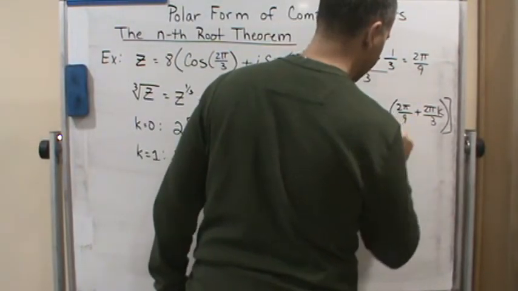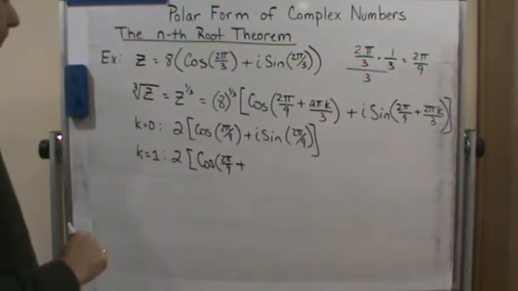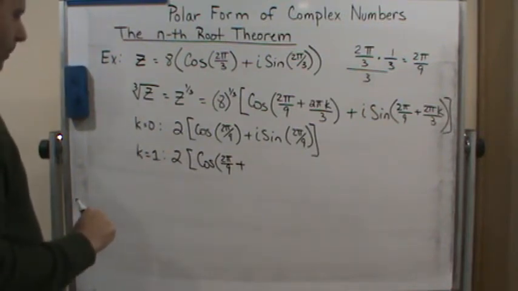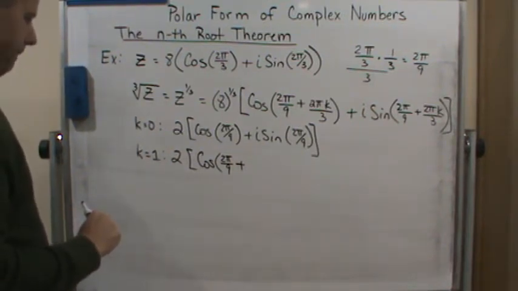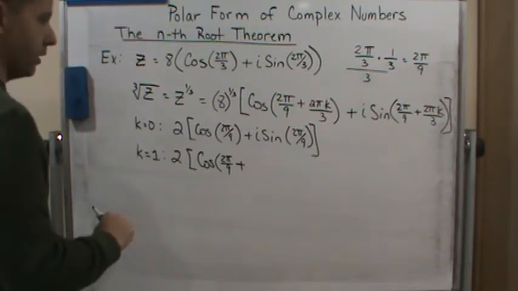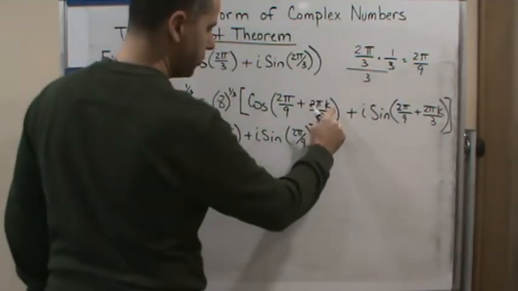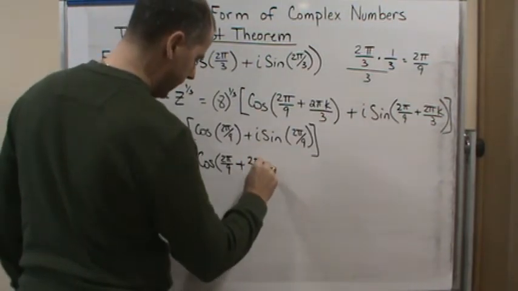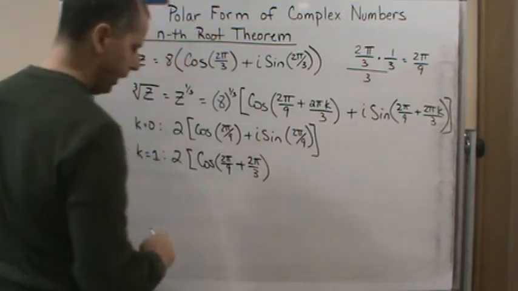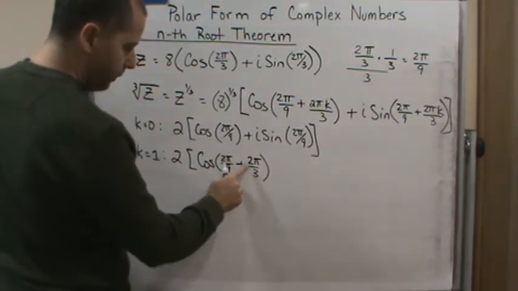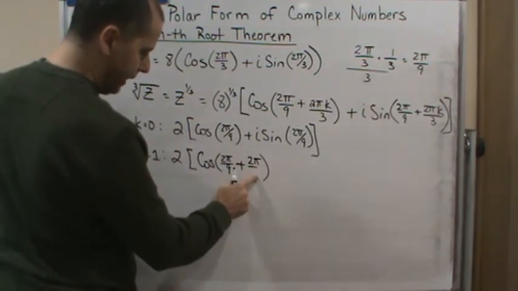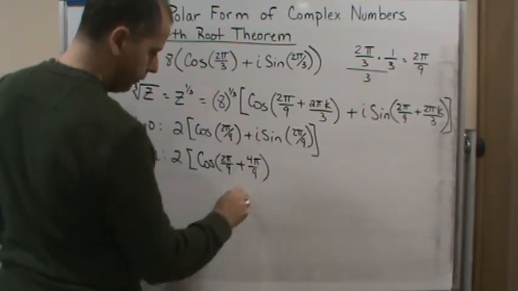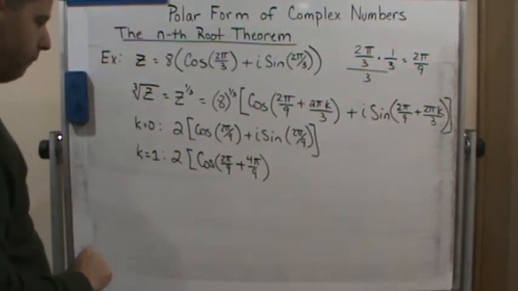There's no minus in there. It's just plus. And so then I get 2 pi over 3, right? Because k is 1. So I get 2 pi over 3. Now, 2 pi over 3 is the same as 4 pi over 9, right?